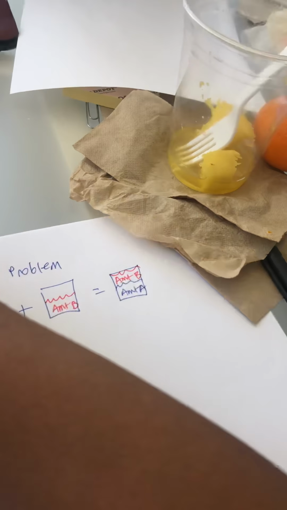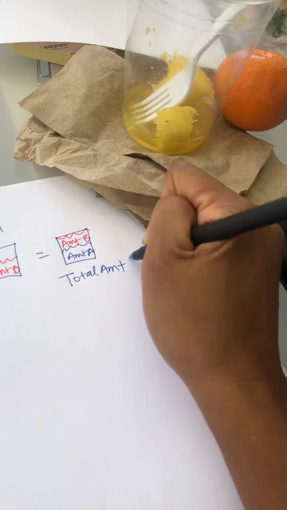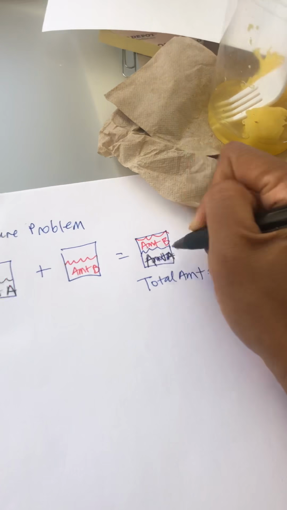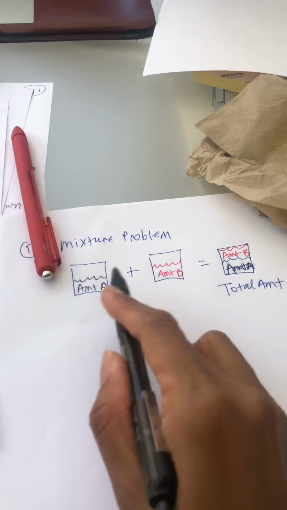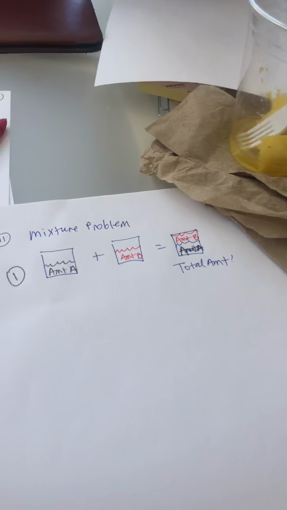Maybe it's in blue. This is the total amount. I should have done this in black, sorry. So amount A plus amount B is the total amount.